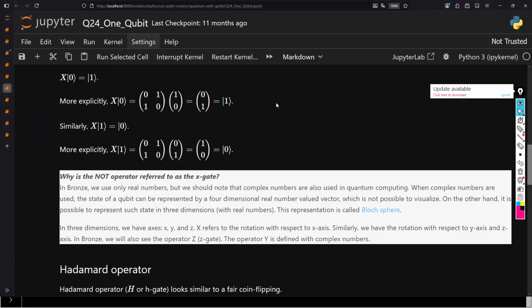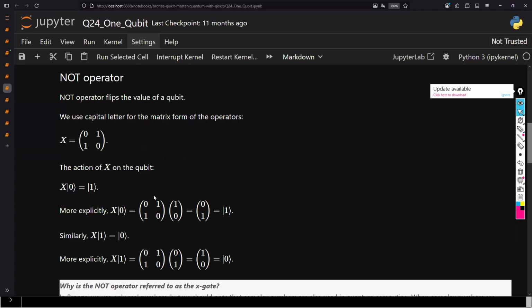I will expand on it slightly further out, but this is one of the operators that we can apply, and it is pretty much deterministic, because what we do with this operator is we just flip state 0 into state 1, from 100% 0 to 100% 1.